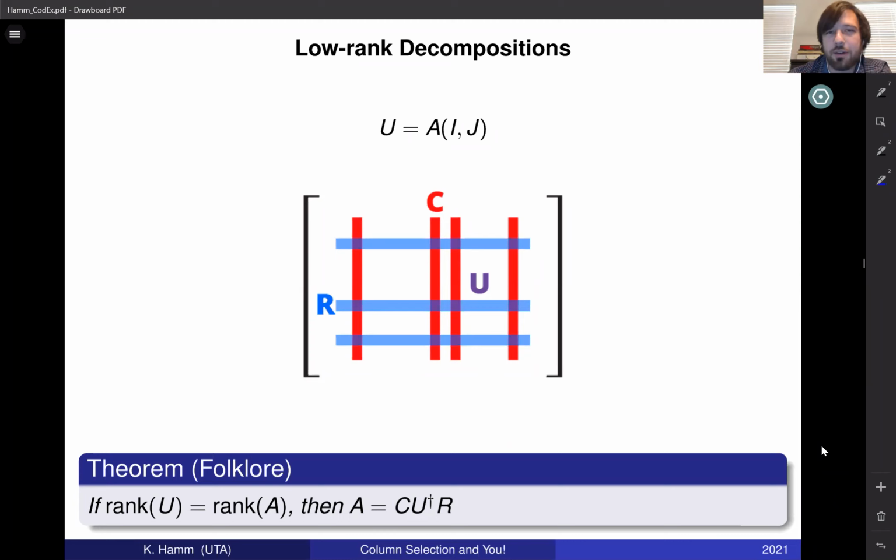I'm not sure exactly how far back it goes, but the theorem is that if the rank of U, that very small submatrix, is the same as the rank of A, then I get this exact factorization where A is C times the pseudo inverse of U times R. So obviously this requires that A is essentially low rank, and I'm choosing enough columns and rows.